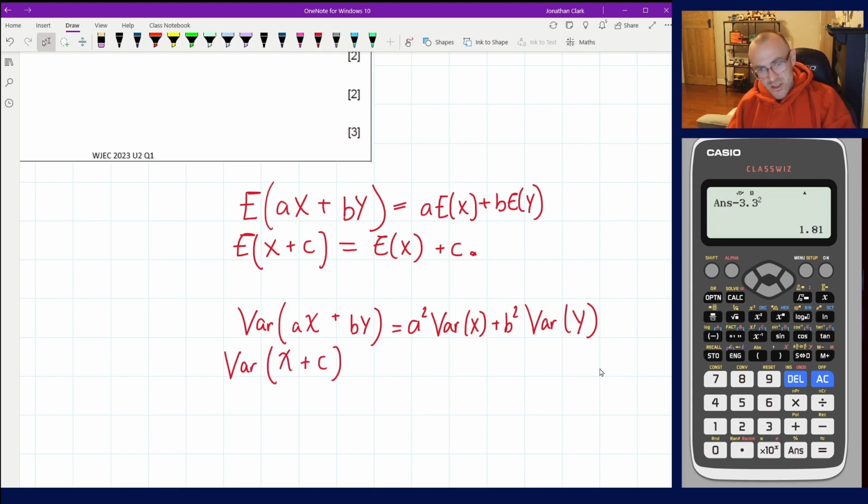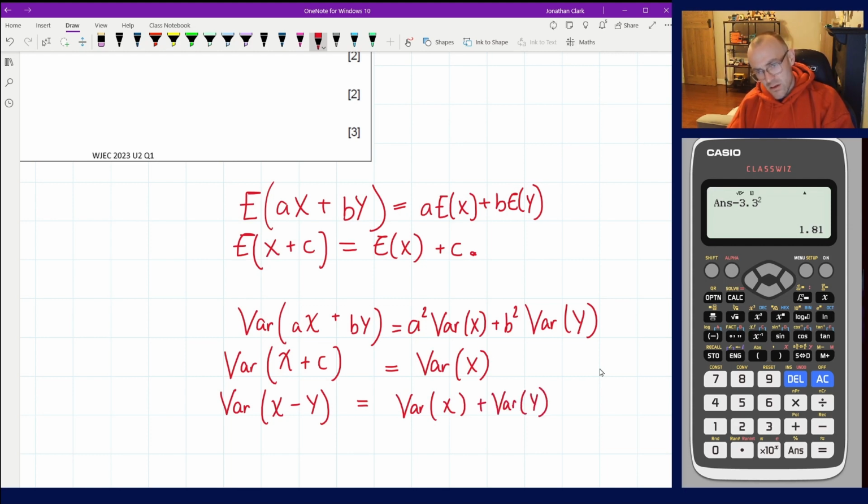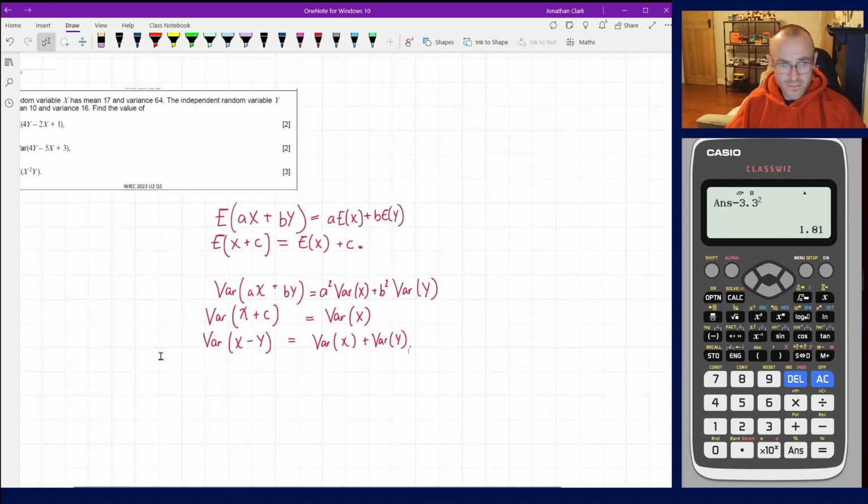If we have a constant, it does not do anything to the variance. I think the one other thing that we need to be aware of is if you are subtracting something in a variance expression, you still end up adding. It still increases the overall variance whether you're adding or subtracting the two.